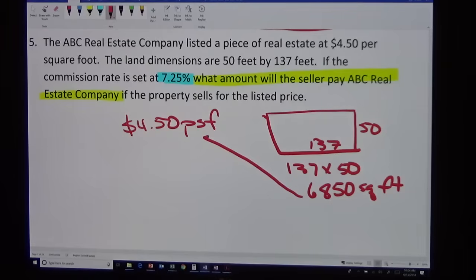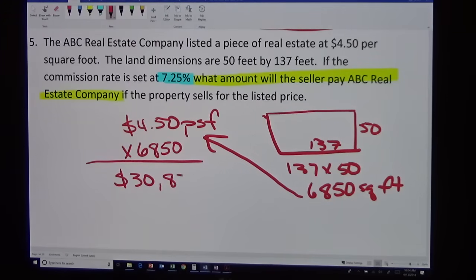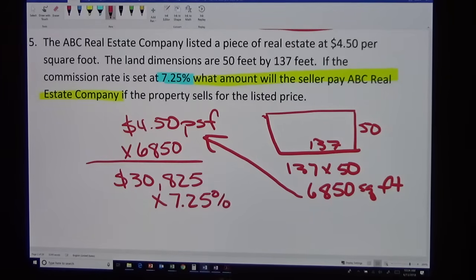Remember, at $4.50 per square foot. So we can multiply that times 6,850 square feet, and that will give us the list price and sales price of our property. So 6,850 times $4.50 a square foot is $30,825 that property is going to sell for. And we know that we're charging a 7.25% commission on that sale.